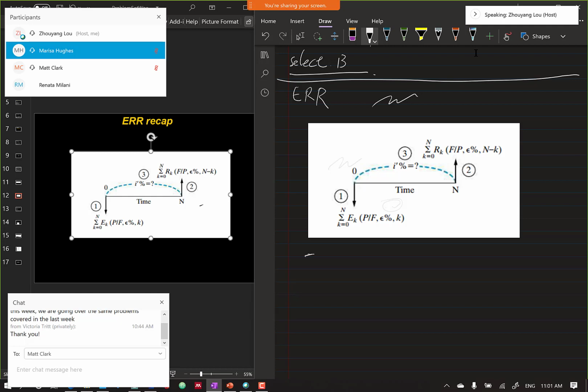So what we want to know is, we first get all the net expenses. This means we get all the outflow, the expenses, converted to the present value. It's this part. And on the net revenue part, we bring all the net revenues to the future.